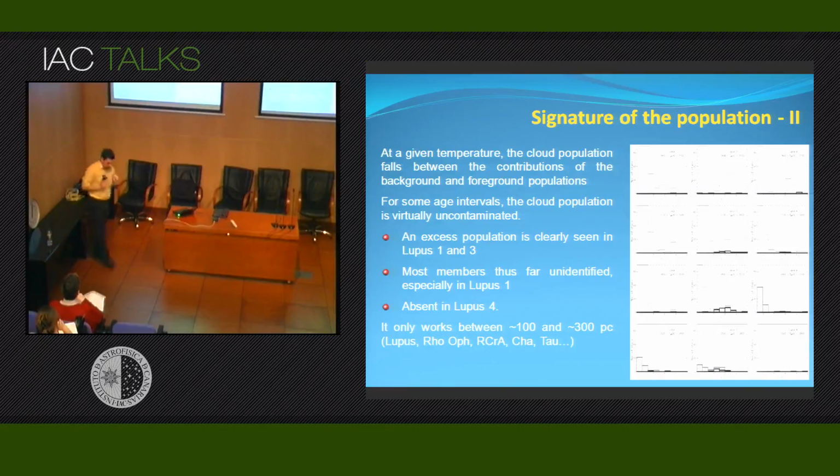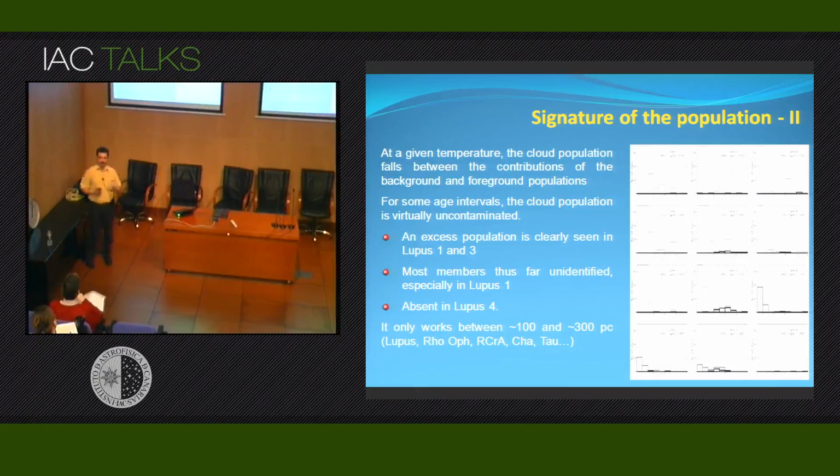Fortunately, we live in a region of the galaxy in which, if we consider stellar populations between a distance of 100 and 300 parsecs from us, the populations of young stellar objects a few million years old belonging to them are going to fill exactly the gap between the foreground population and the background population.